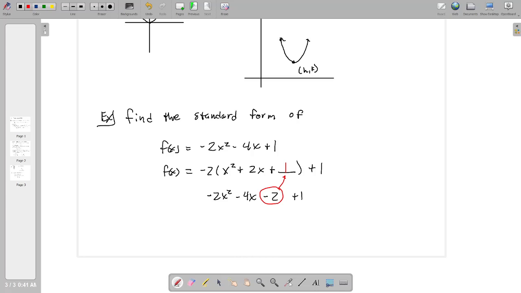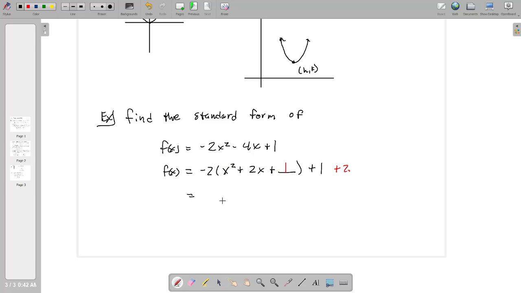So what we actually added, if we resolve this, is we added a -2 by adding a 1 here, because it's multiplied by -2. Okay, so instead of subtracting a 1 out here, I need to add 2. Because what I really did was subtract 2 by adding a 1 here.